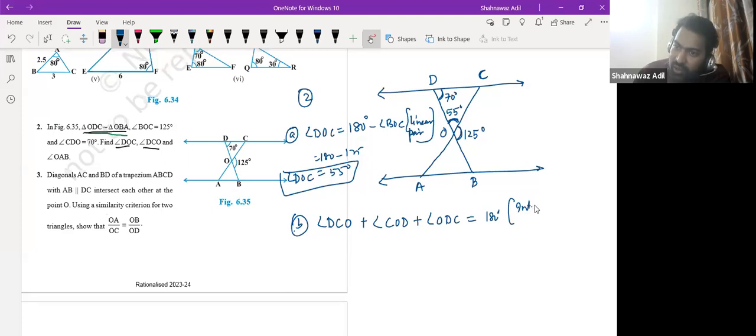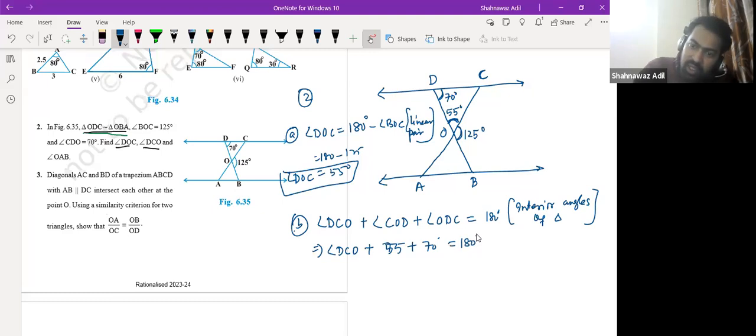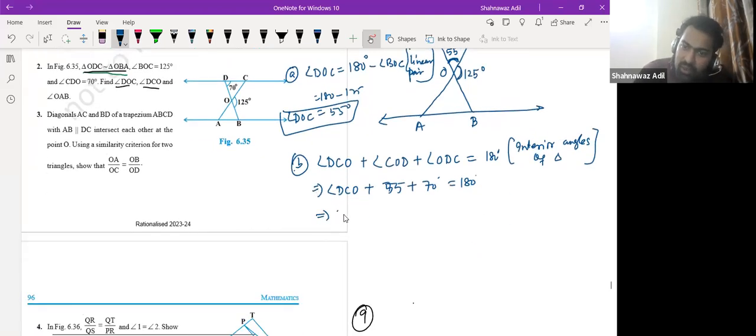So we can write 70 plus 55 plus angle DCO. So angle DCO would be how much? 180 minus 125, so again 55.